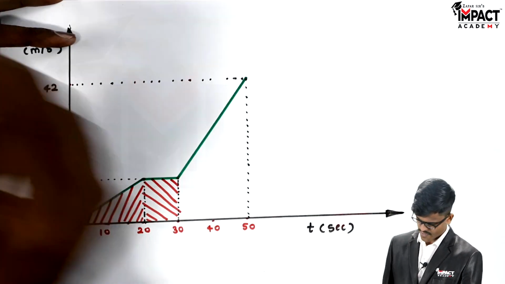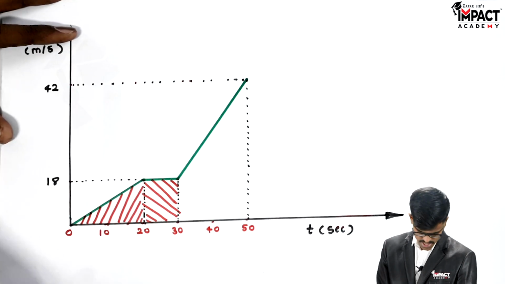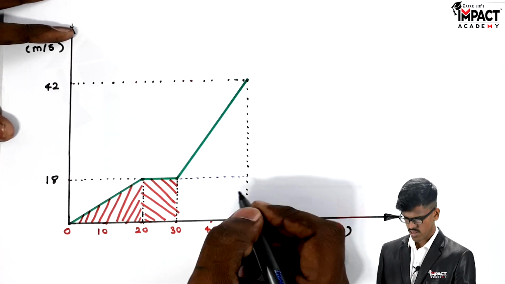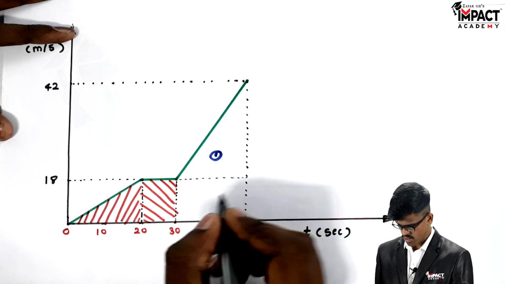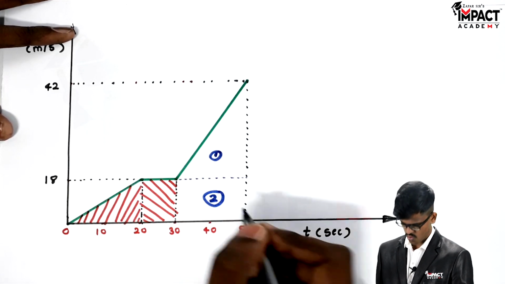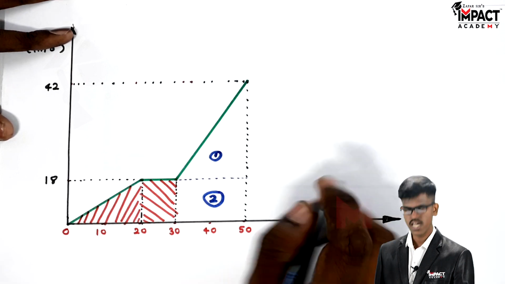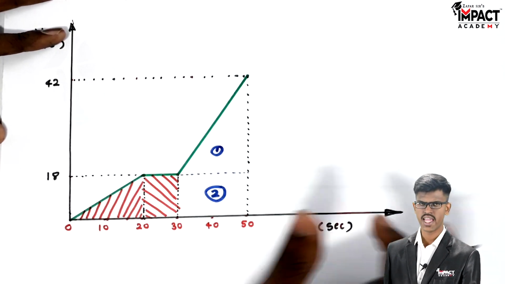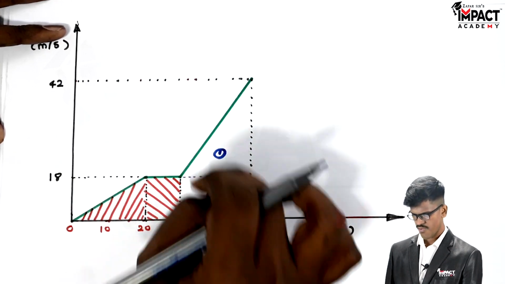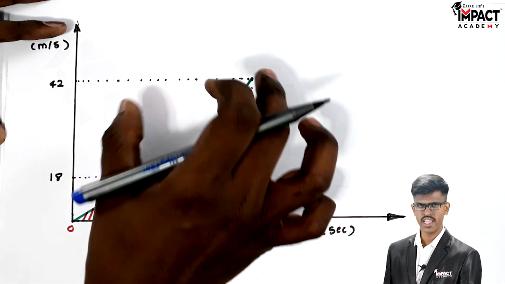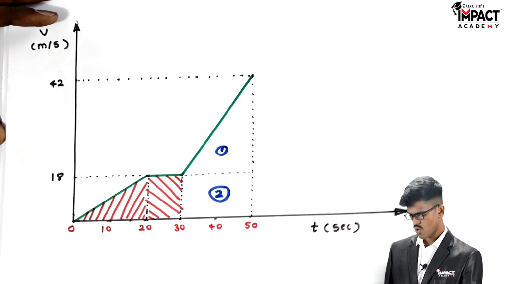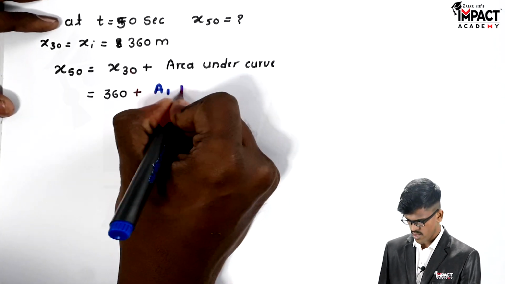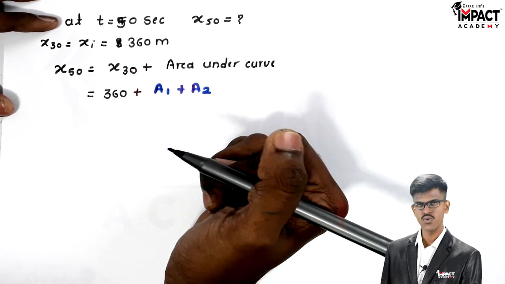So if we divide this area into two parts, part 1, part 2, part 1 is a triangle and part 2 is a rectangle. So if we add these two areas, we get the total area. So here area under the curve will be A1 plus A2.